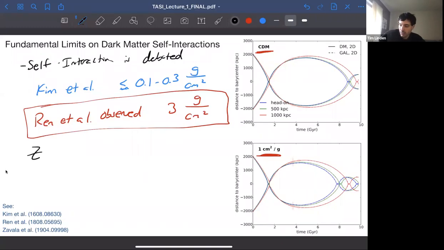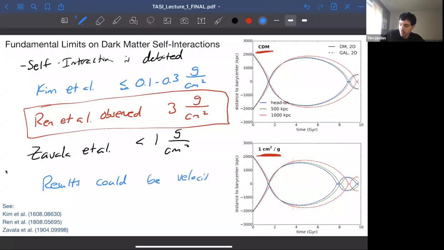A paper by Jesus Zavala goes back and re-examines the Ren et al. observations and argues against them, arguing that the value is less than 1 gram per centimeter squared from their observations. Now note, they're looking at different types of systems, and it's easy to build particle physics models where these results could be velocity dependent.